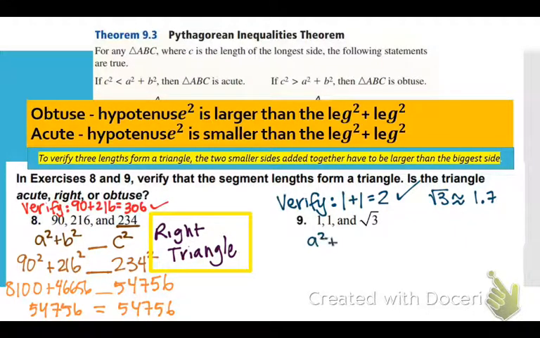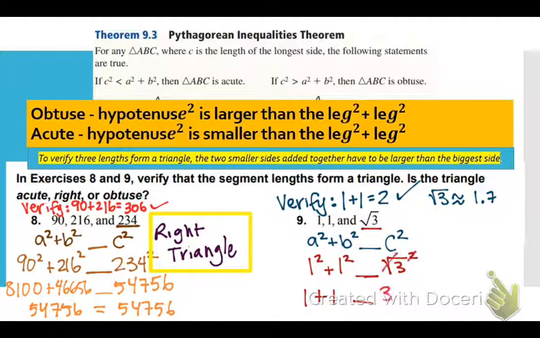So now we're going to use a squared plus b squared and compare it to c squared. So which one will be c? The square root of 3, good. So that means 1 squared plus 1 squared. 1 squared is 1. What is the square root of 3 squared? 3.